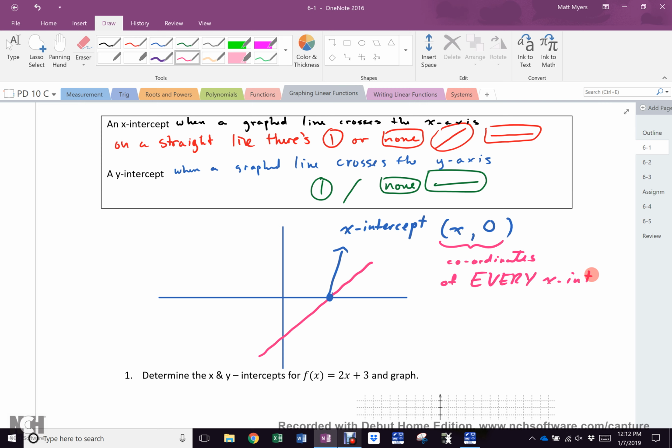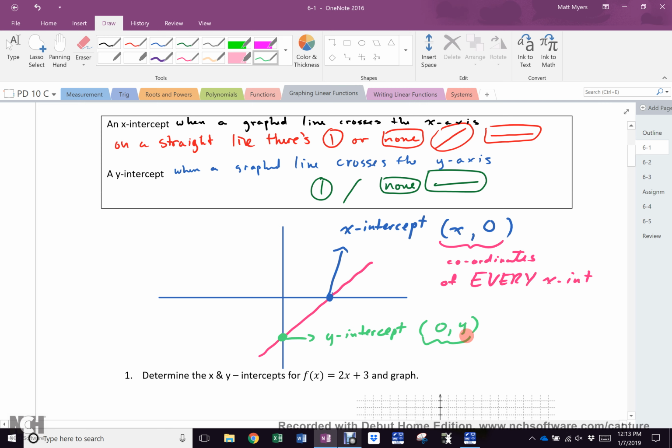Does everybody understand? Now, being the intelligent young people that you are, what is that? Actually, I have a quick question. Oh, sure. I put my line so that the x-intercept is on the other side. We'll talk about that in a sec. This is the y-intercept, which means it is what? 0, comma, y.